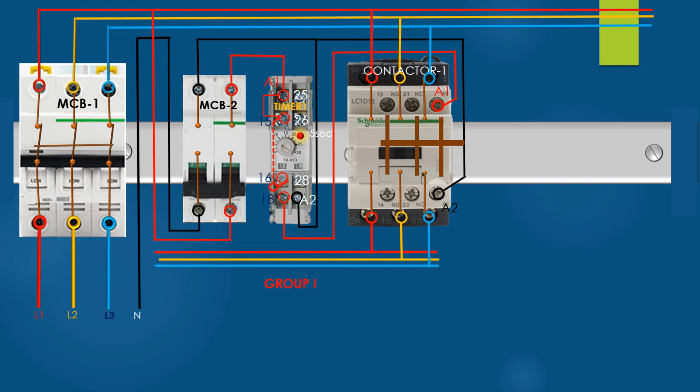MCB2 is made off, power is thus withdrawn from the timer, and subsequently contactor 1 moves to break the circuit and group 1 buses become de-energized.